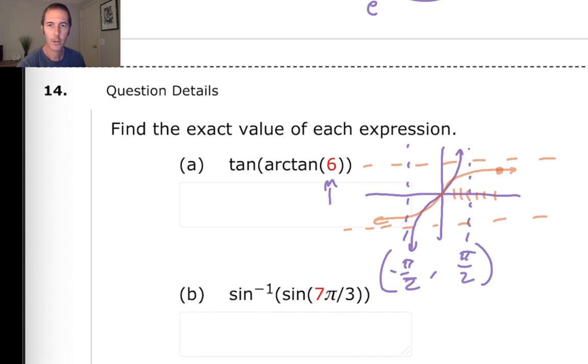In fact, it looks like that arctan graph goes forever to the right and forever to the left. I think the domain of the arctan function goes from negative to positive infinity. Since 6 is in the domain of the arctan function, the arctan and the tan are going to cancel each other out, and your final answer is just going to be 6.